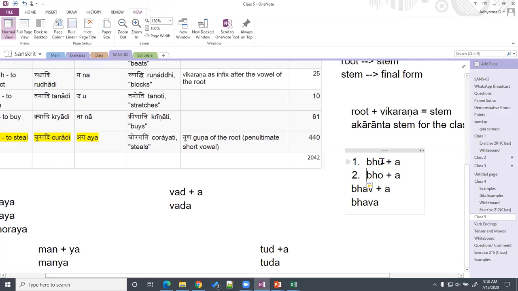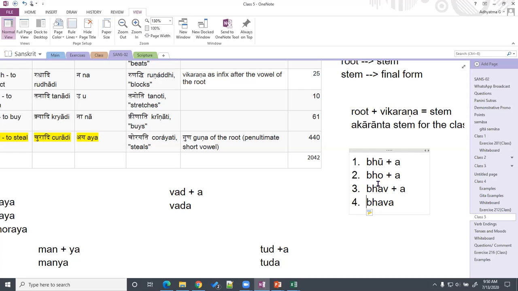In the second step, Ukara changes to Okara, and Akara is still to be added. It has not yet been added. In the third step, this Okara becomes Av as per the Sandhi rules, and Akara is yet to be added. And in the fourth step, finally it is added and the final word becomes Bhava. So I'm just showing the step-by-step process.